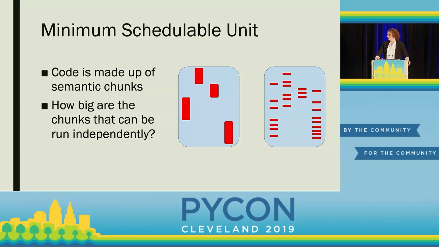Even when we're talking about just pure Python code, the way we execute code is really important and changes how it behaves. The minimum schedulable unit is the individual semantic unit of your code that can be decided on to be run by the scheduler, whether that's the operating system kernel or the Python interpreter, that can be completely executed and that returns control to the scheduler for it to do the next thing.